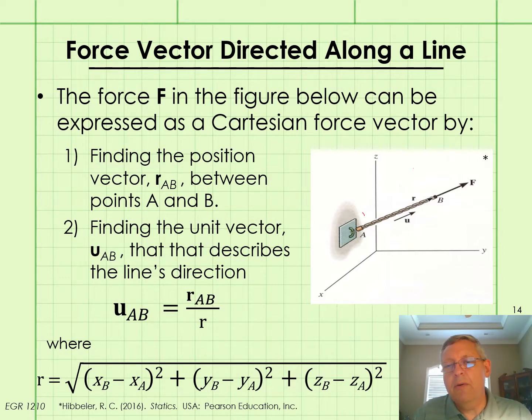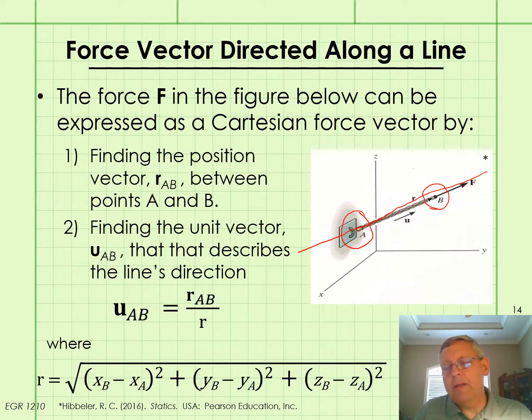We have a chain connected to a wall at point A, and at the other end of the chain, point B, we're applying a force F. Note that the line of action of the force is collinear to the chain itself.